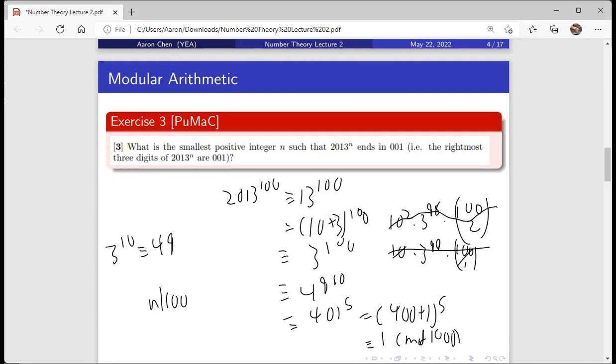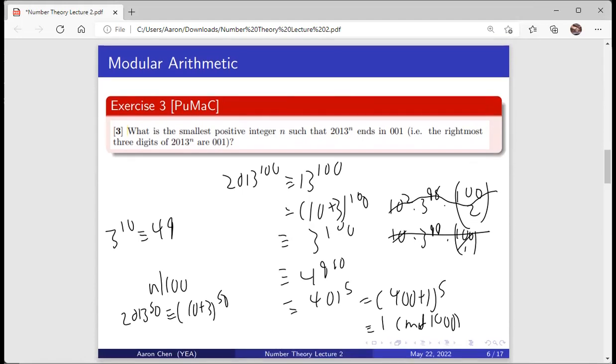And so next, all you can see is that 2013 to the 50 is congruent to 10 plus 3 to the 50.